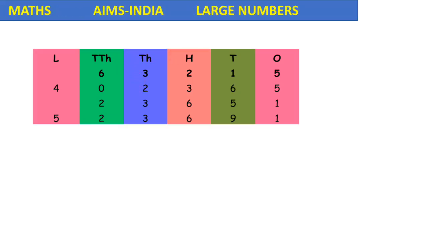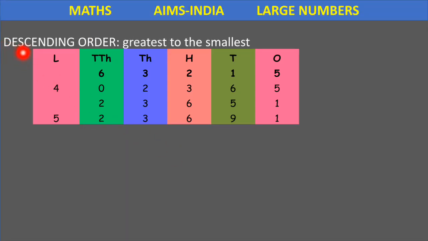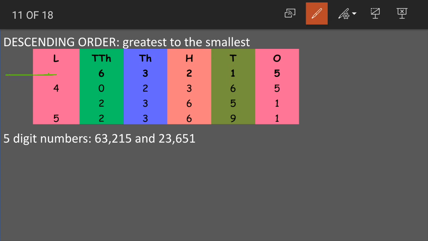Okay. Now the same numbers have to be arranged in descending order. Now what is descending order? D for descending, D for decreasing, and decreasing means from big to small, the greatest number to the smallest number. Again we have to group this into 5-digit and 6-digit numbers.